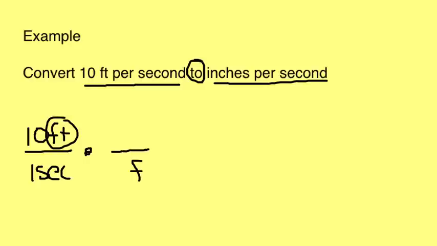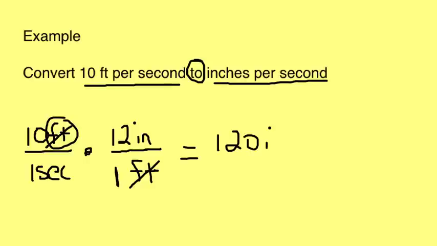So I'm going to put feet on the bottom. And then how many inches are in 1 foot? Well, if you look at your table, or if you remember, 12 inches. So now my feet label will cancel out. I'm going to be left with inches per second when I multiply across, and I'm going to get 120 inches per second.